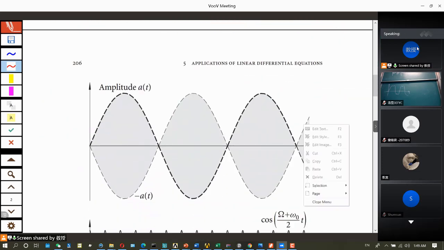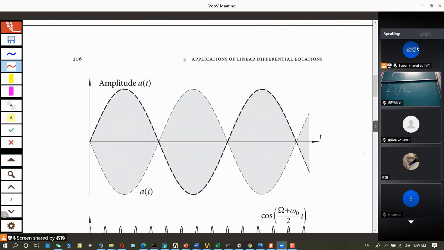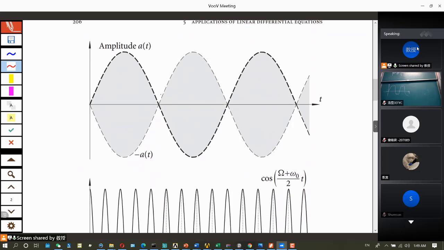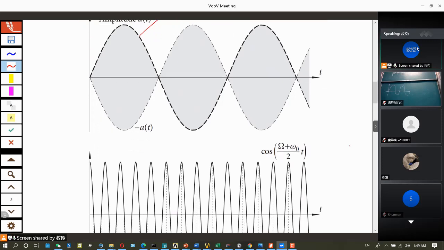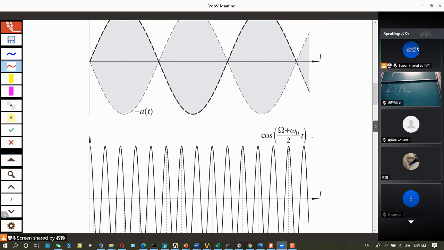Okay, now this is the amplitude. It has frequency omega 0 minus omega over 2, which is very low. Okay, and cosine omega 0 t has a higher frequency.